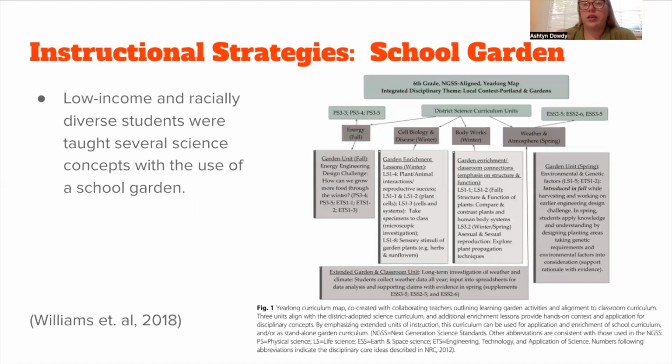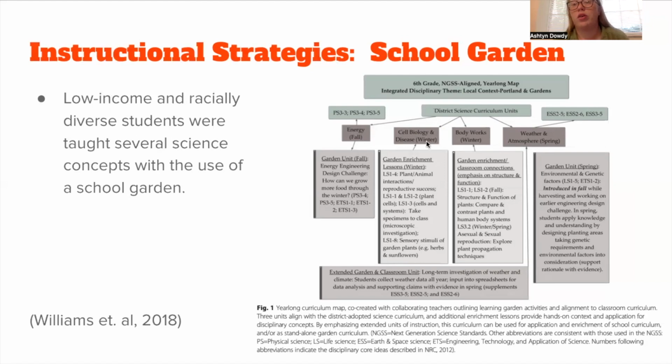The whole idea here is that this school in Portland, Oregon, in association with Portland State University, conducted this study. Low income and racially diverse students were taught several science contexts with the use of a school garden. Over here to the right, you see figure 1, which shows a year-long curriculum map using this garden. In the fall, they focus more on the topic of energy.